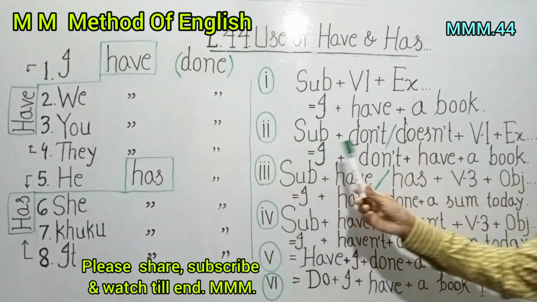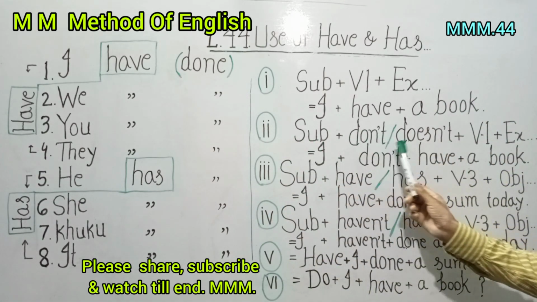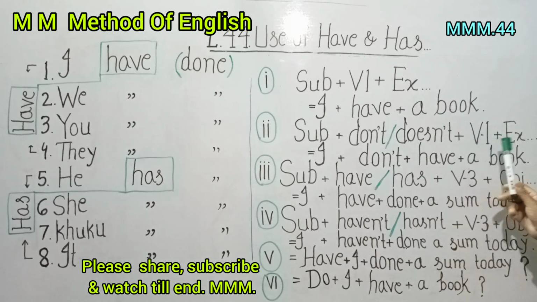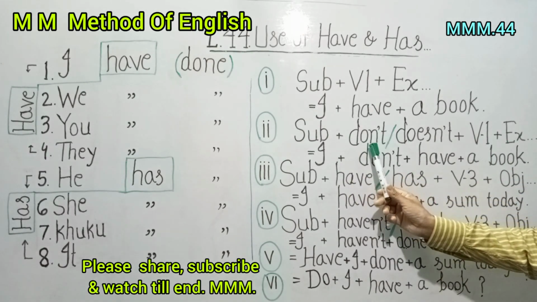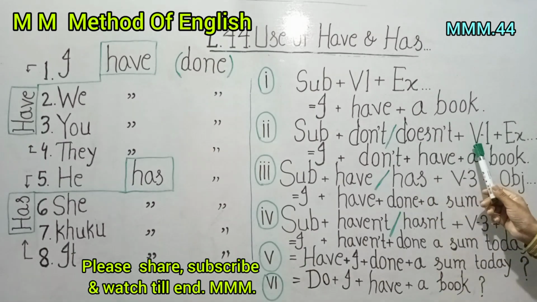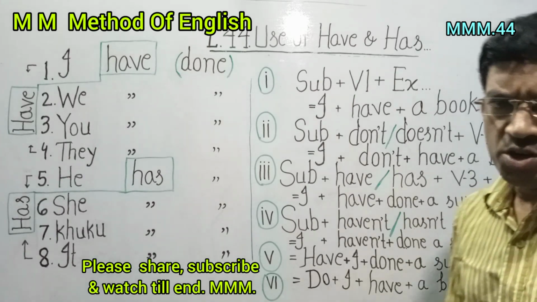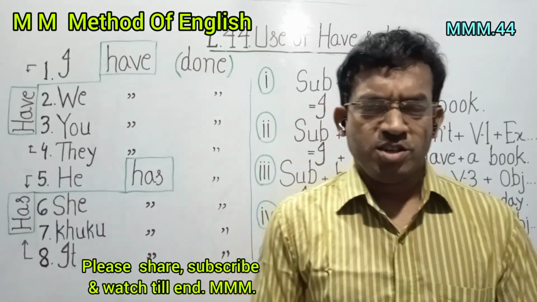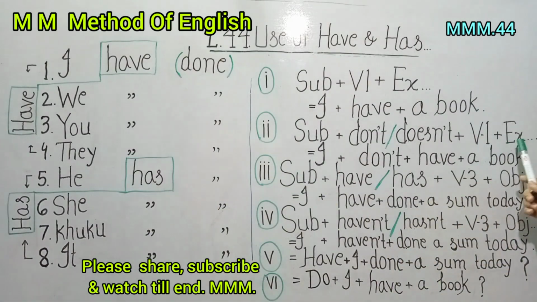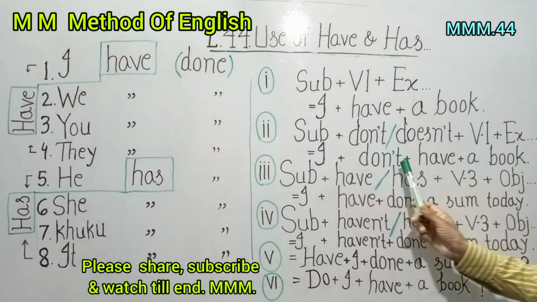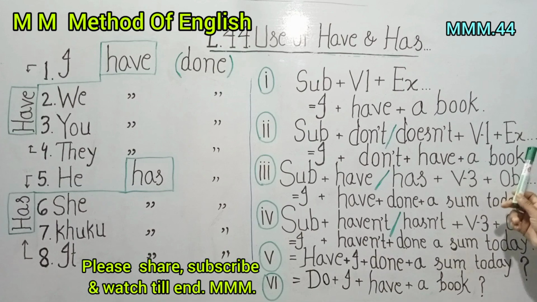Its negative structure: subject do not or does not V1 extension. That means subject do not, contraction short form don't, does not, contraction short form doesn't, V1 extension. For example, I don't have a book, আমার একটি বই নেই.